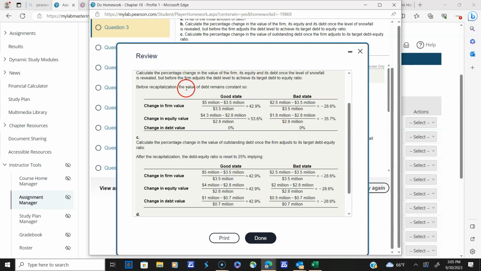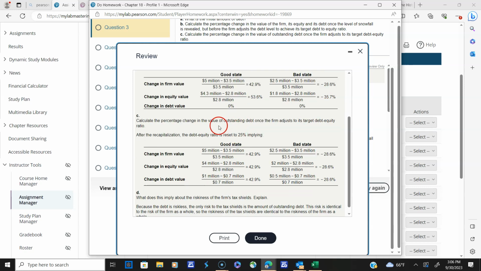Notice what it says here. Before recapitalization, the value of the debt remains constant, and before the firm adjusts the debt level. So the debt level has remained constant. So the change in the debt level is 0, right? As they basically said, it remains constant.